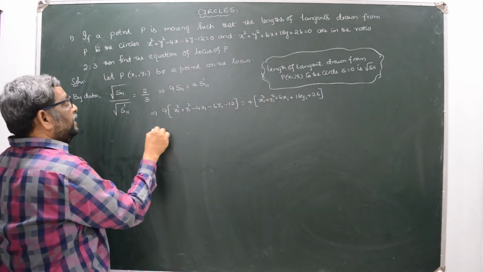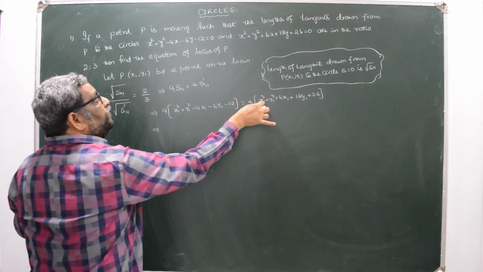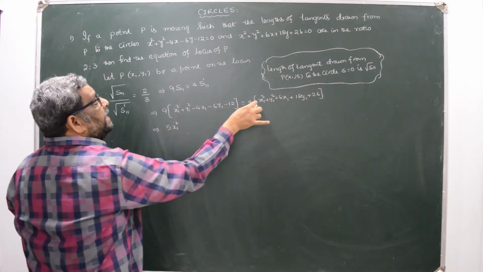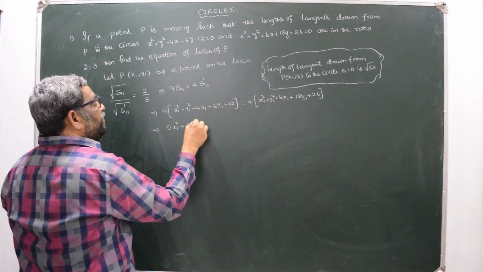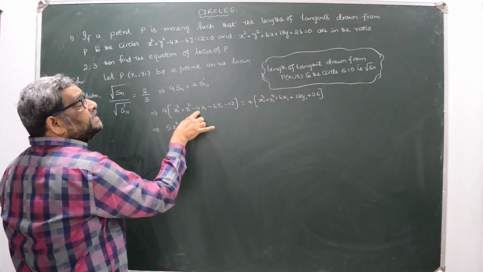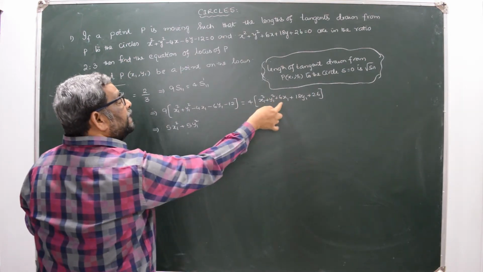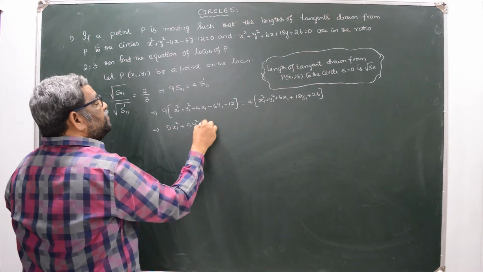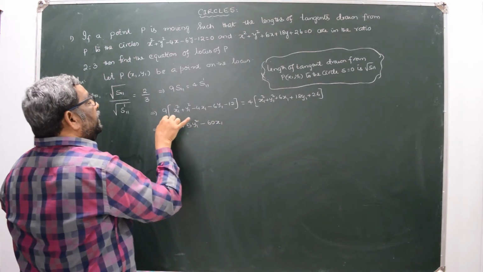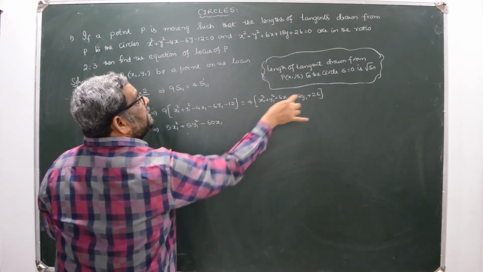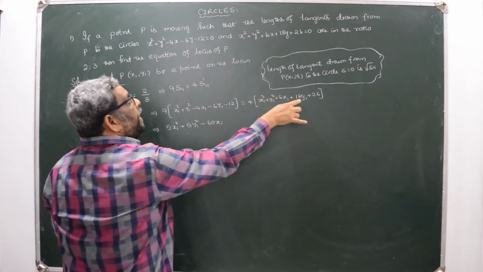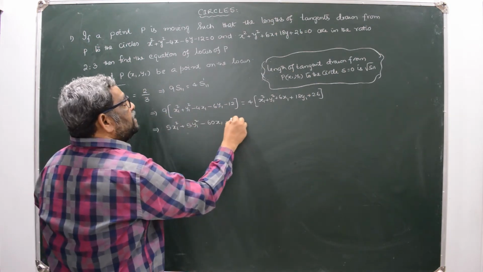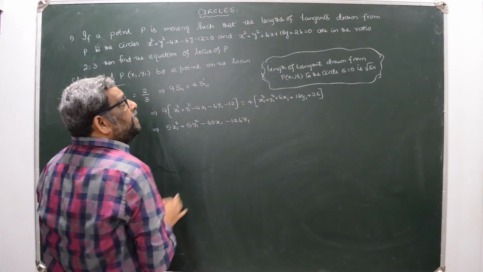Let us simplify. 9x1 square, this is 4x1 square, 5x1 square. 9y1 square, this is 4y1 square, 5y1 square. Minus 36x1, this is 24x1; if we bring it to this side, minus 36 minus 24, minus 60x1. This is minus 54y1, this is 72y1; if you bring it to this side, minus 72, 72 and this 54, minus 126y1.